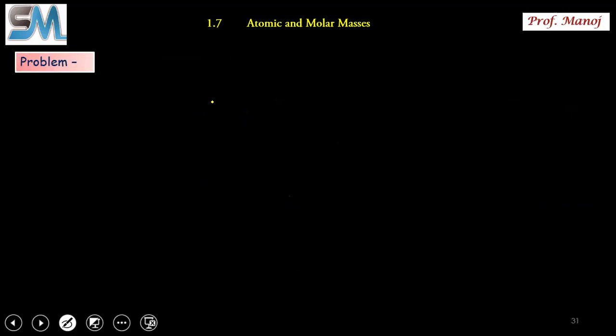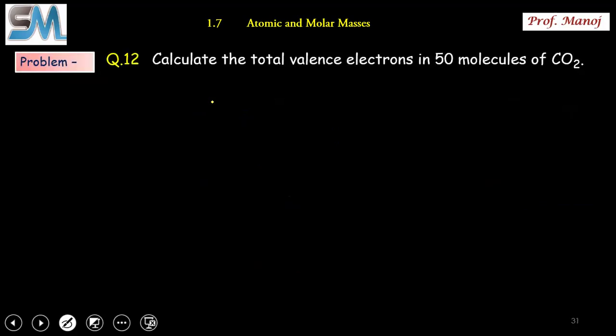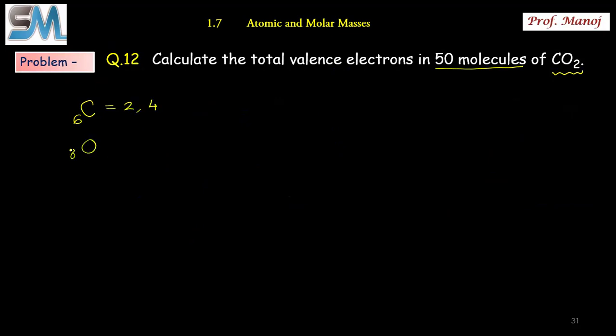Let us solve one last question on this. Calculate the total valence electrons in 50 molecules of carbon dioxide. Some prerequisites: carbon 6, configuration 2, 4. Oxygen 8, configuration 2, 6. So carbon has valence electrons 4, oxygen has valence electrons 6, and there is one more oxygen atom.